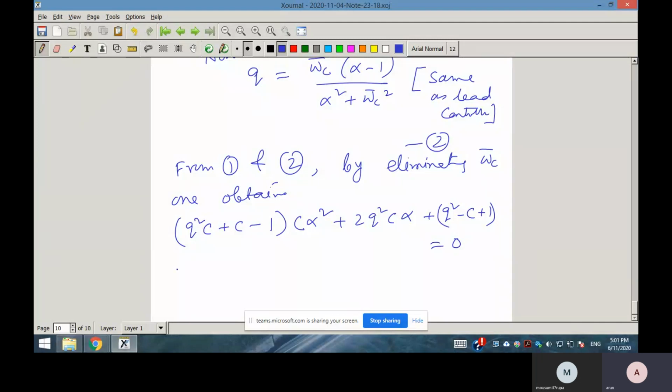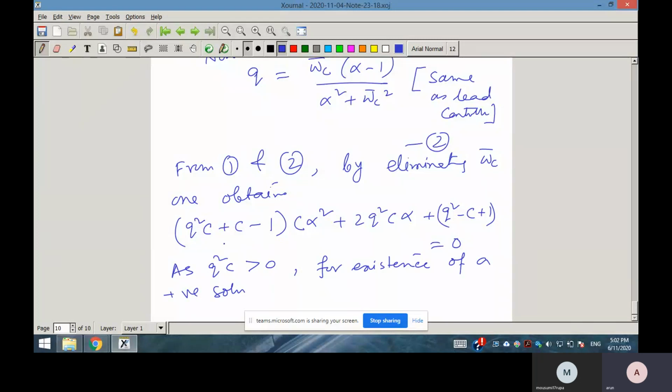Here also, similar to the lead controller, as q square c is greater than 0, what is the condition for existence of a positive solution?